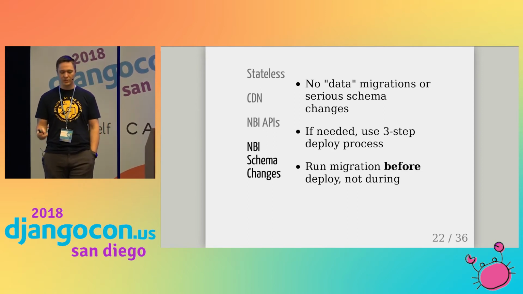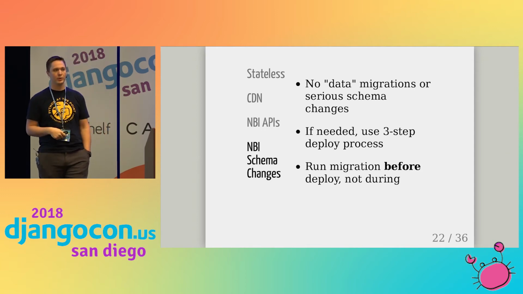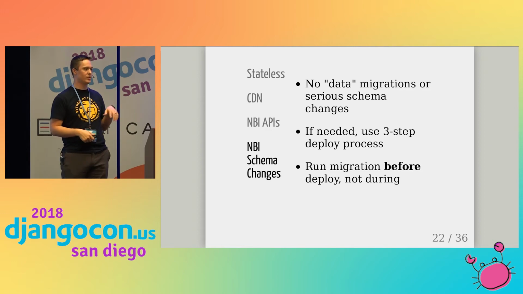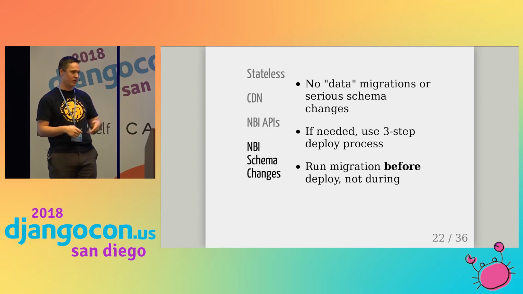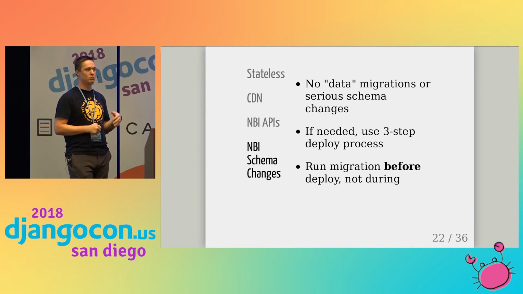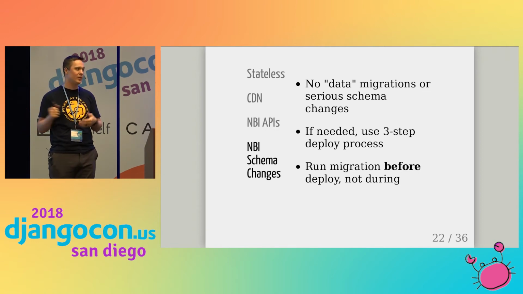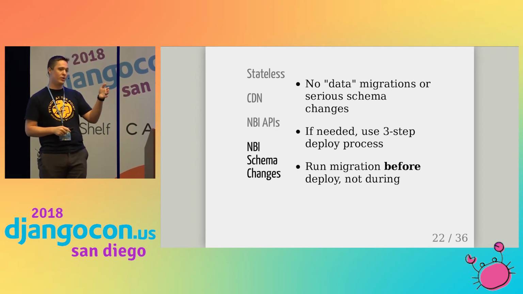And then the last hint is you should always run your migration before you deploy, not during. A lot of people get in the habit of just running migration, spinning up the server. So every time you spin up a server, it's trying to run the migration. If you accidentally make your migration, like let's say you're not using Django to do it, you could end up running your migration over and over.